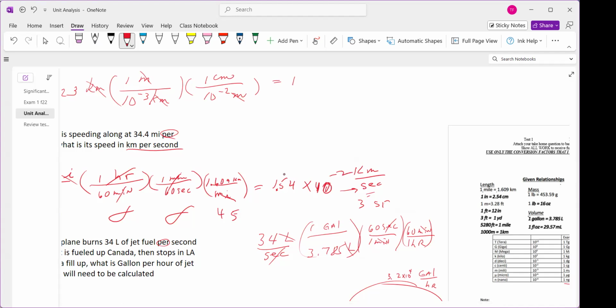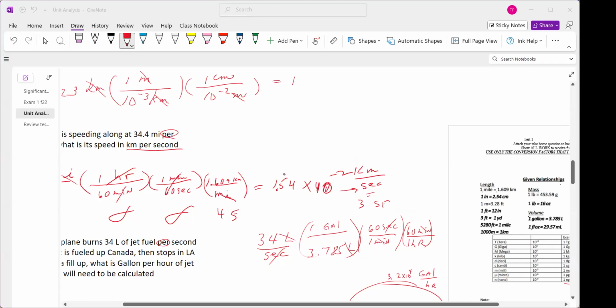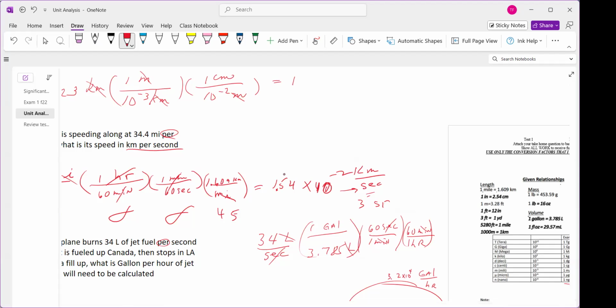So there's 1.54 times 10 to the minus 2 kilometers per second. If you didn't like scientific notation, there's a regular number. It would be awkward. This should be 0.0154. Okay, any questions on that one? Fraction to fraction.